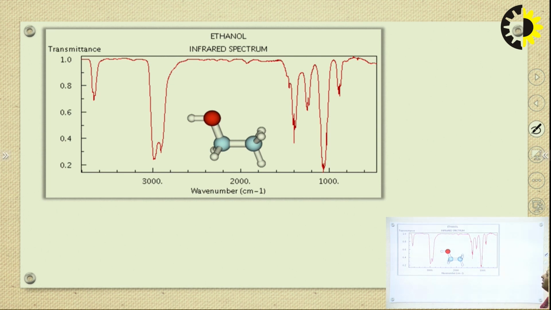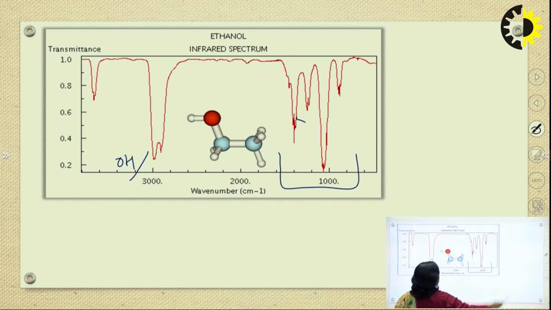So this is the infrared spectra of IR spectroscopy. With the previous knowledge, we can refer that this bond belongs to the OH frequency. This bond belongs to the one nearby 1700. This is OH and this is the fingerprint region of, in fact, a simple molecule.